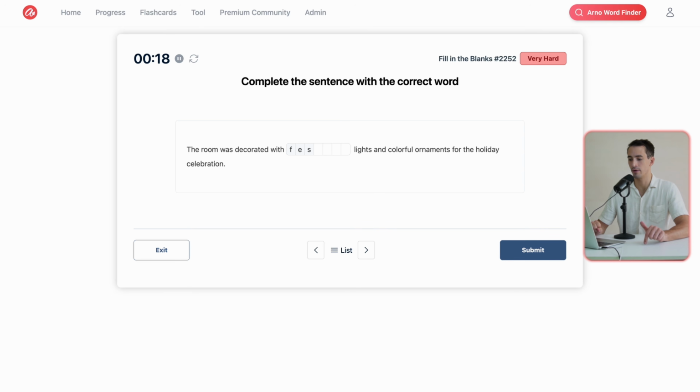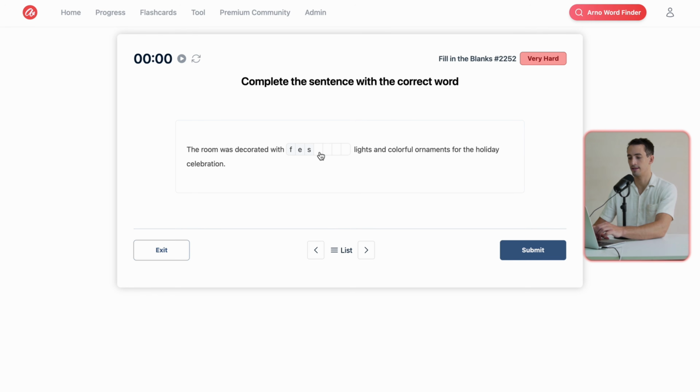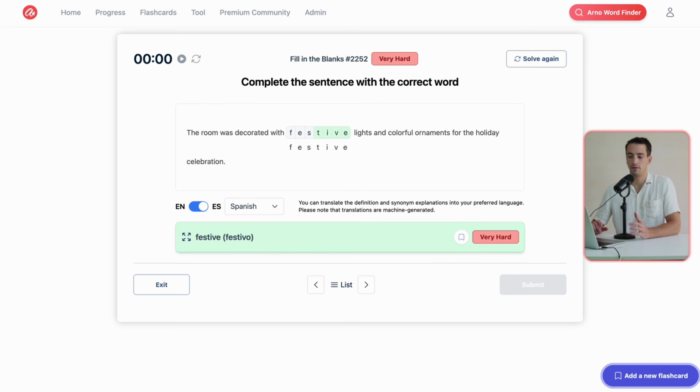The room was decorated with FES blank blank blank blank lights and colorful ornaments for the holiday celebration. The correct answer here would be festive. This word is quite advanced, but it is very similar to a word that you may be familiar with, which is festival.